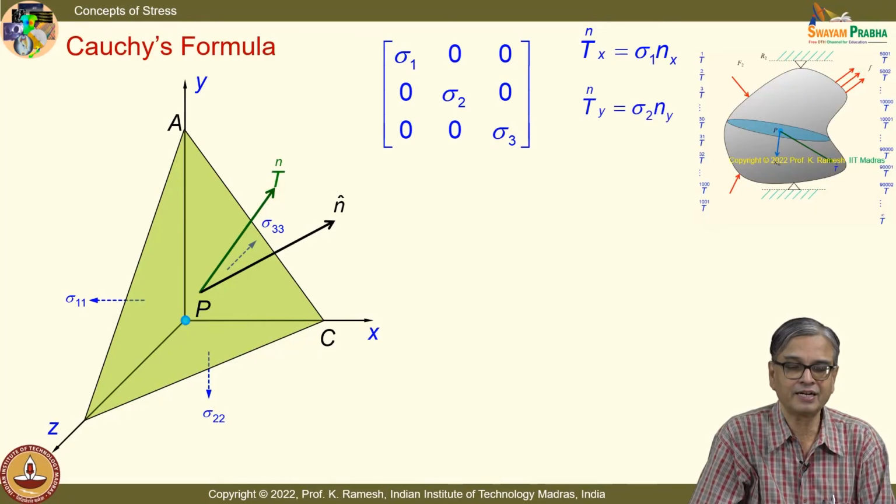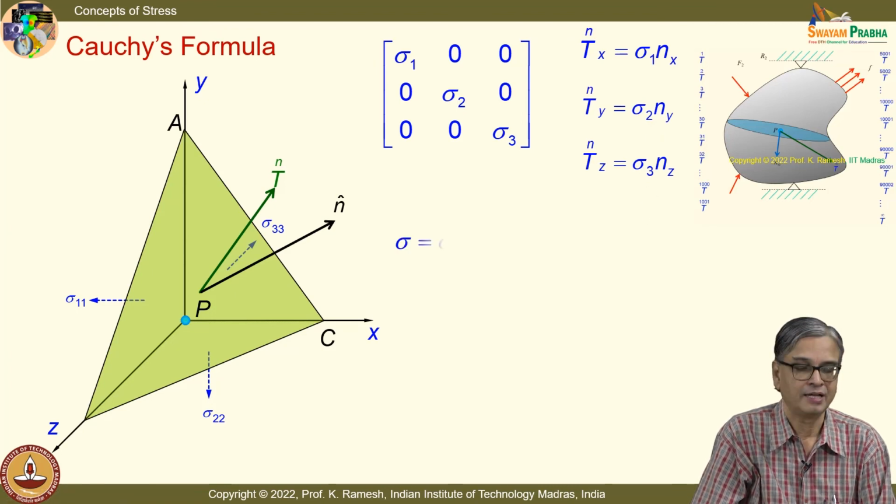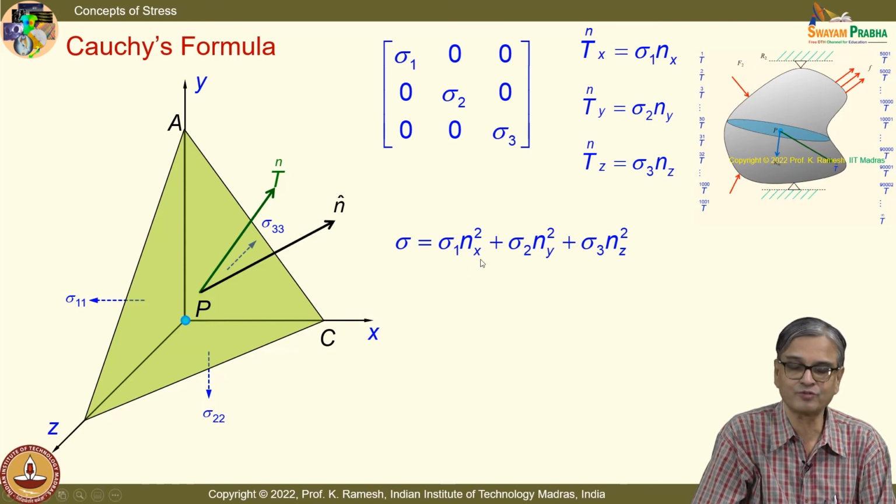I have very simple expressions for Tnx, Tny and Tnz. They are simply sigma 1 nx, sigma 2 ny, sigma 3 nz. And I have sigma as sigma 1 nx squared plus sigma 2 ny squared plus sigma 3 nz squared.